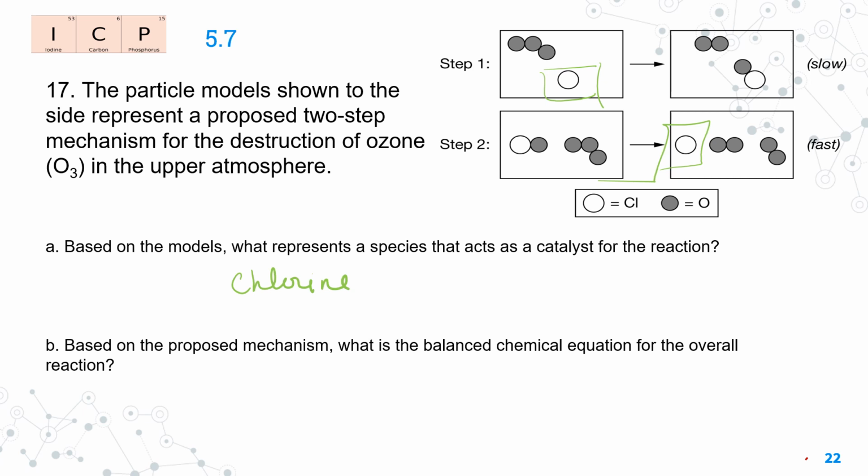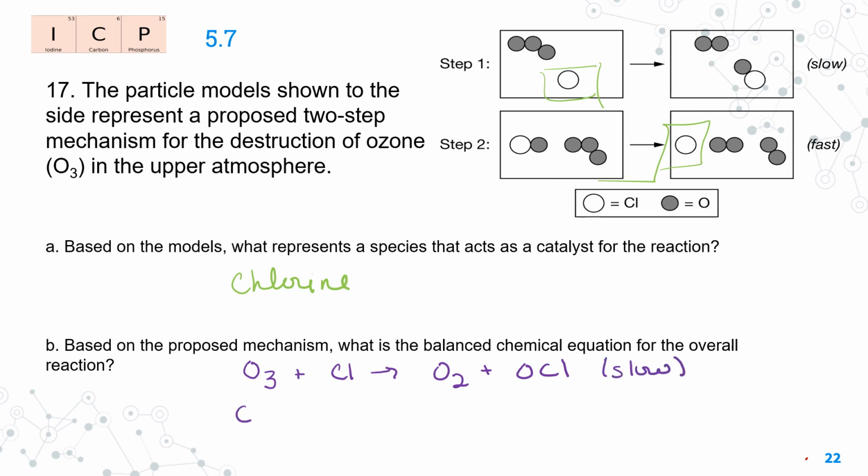Based on the proposed mechanism, what is the balanced equation for this overall reaction? So I just went ahead and wrote out each reaction. I'm going to have O3 plus Cl, it's going to give me O2 plus OCl. That's already balanced, so I don't need to worry about balancing it. This is my slow step.